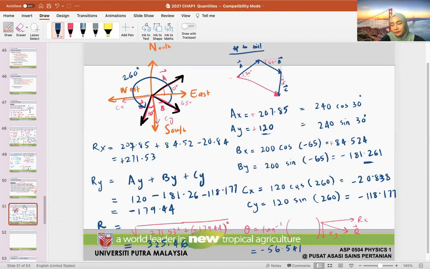Macam equation ni Rx squared plus Ry squared, kan? Square root. Okay. Equation ni apa? General equation dia. Rx per Ry.